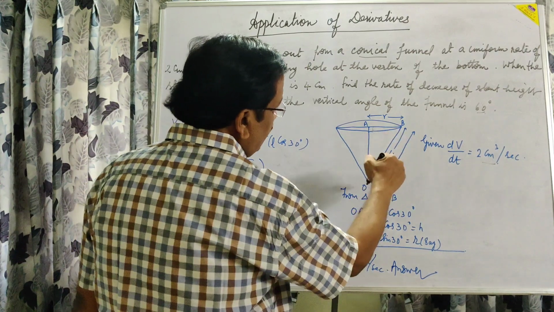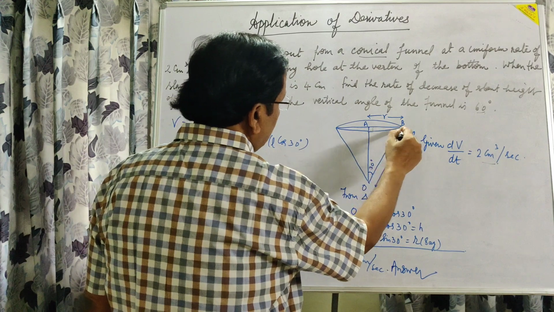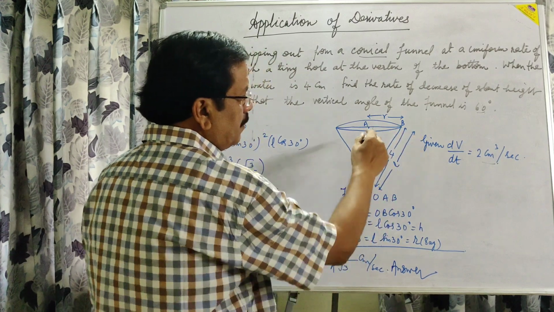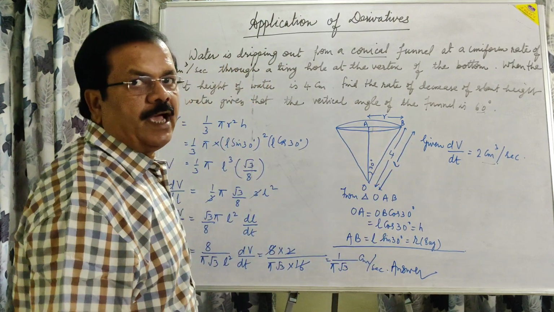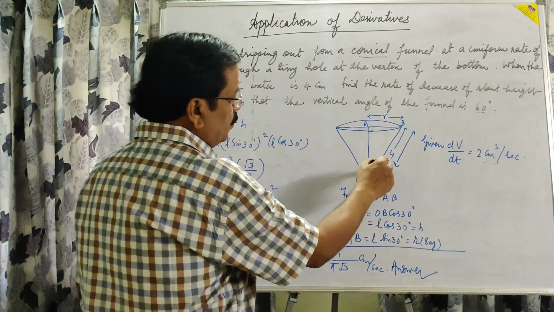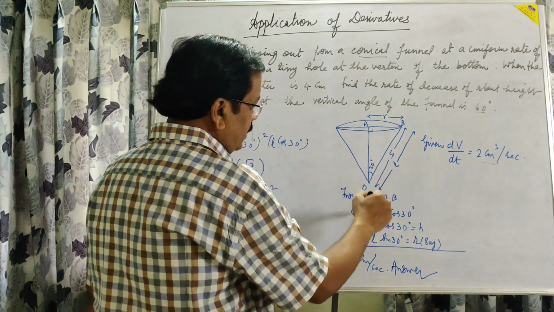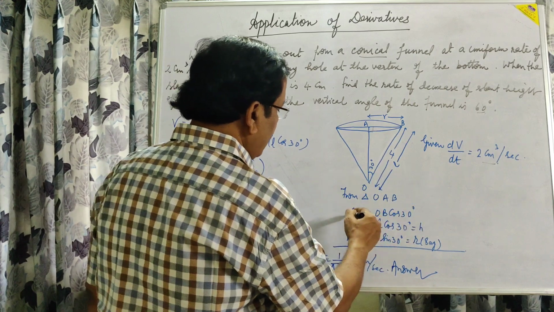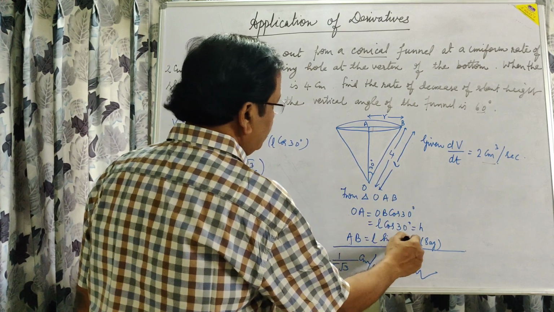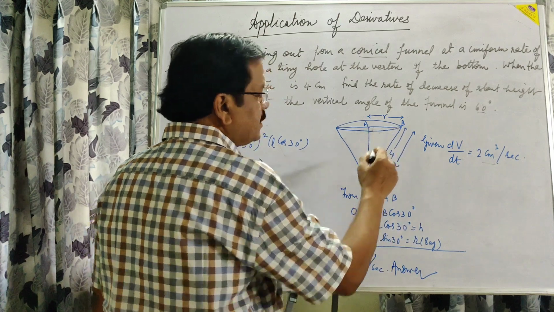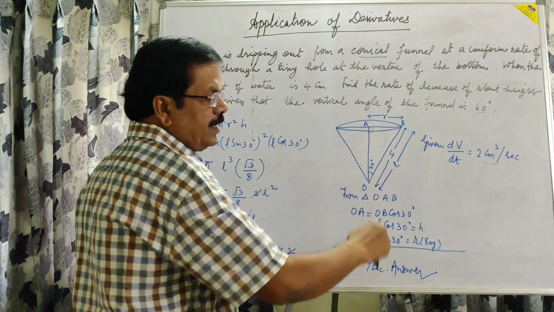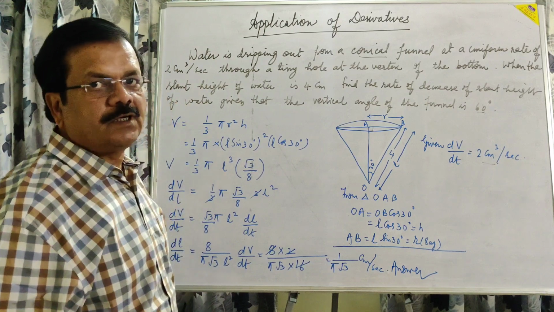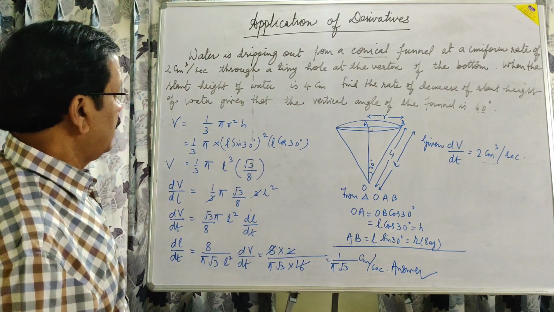Then in this right angle triangle, AB is equal to L sine theta, perpendicular upon hypotenuse, and base upon hypotenuse, that is OA is equal to L cos 30. So we get AB and OA this way, where AB is R and OA is H, the height of the cone or conical funnel.